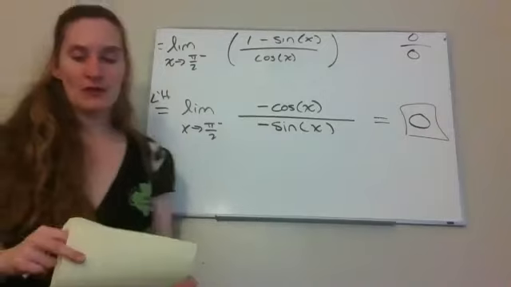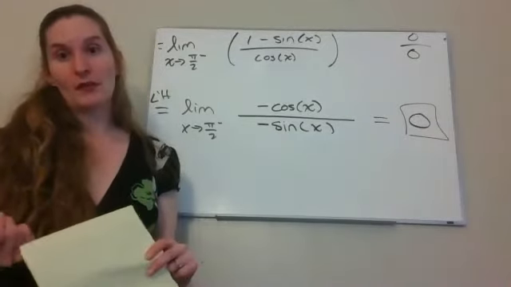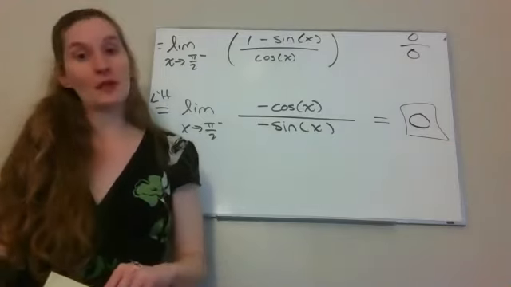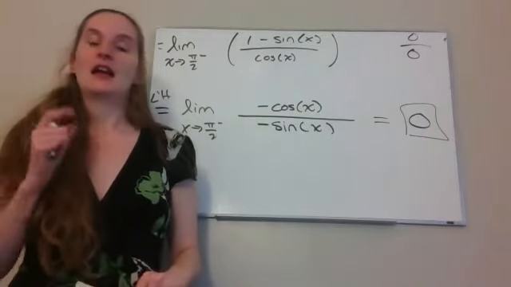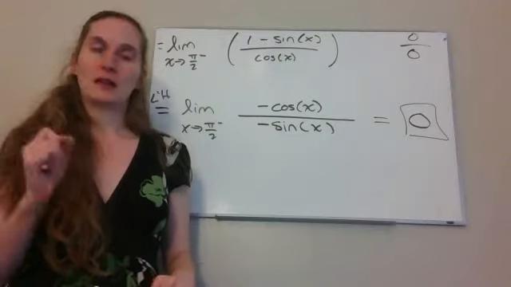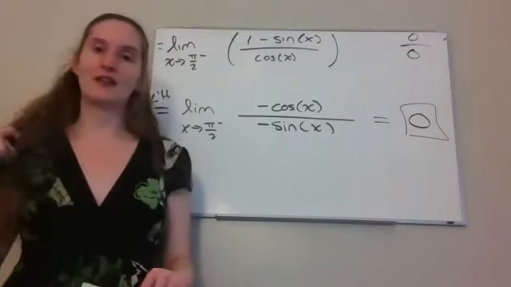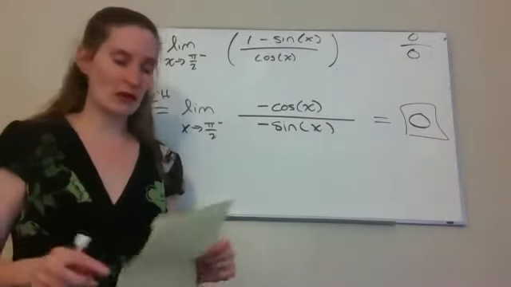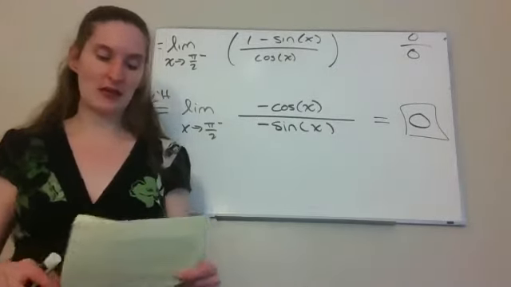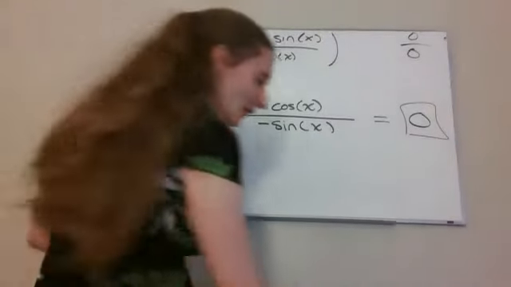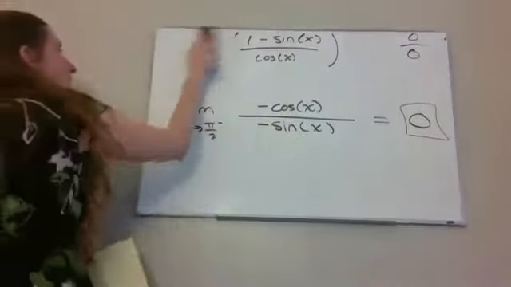All right, so now we've talked about indeterminate forms of the form 0 over 0, plus or minus infinity over plus or minus infinity. We've had 0 times a plus or minus infinity, and we've had infinity minus infinity. And there is one more type that we have to learn how to deal with, and it is the most difficult one out of all of these possibilities for L'Hopital's rule.